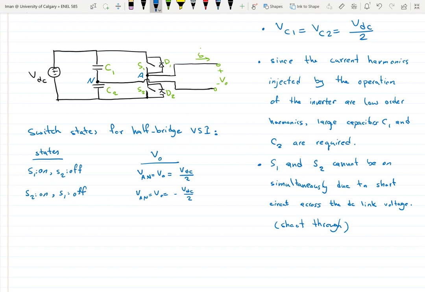Now we know that we can't have S1 and S2 on at the same time because of that shoot through, but we can have S1 off and S2 off at the same time. So what's going to happen then? At that time, when S1 and S2 are both off, it's going to rely on the direction of the output current here. If the output current is positive, then it makes this diode D2 conduct, and therefore node A would be connected to minus VDC.